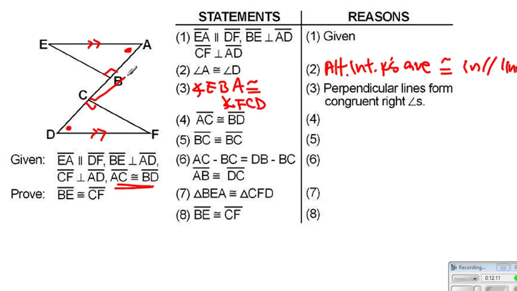That means this portion is congruent to the other portion. But as you can see, there's an overlapping area right over here in the middle, CD. That was given before, and BC is congruent to BC, that will be reflexive.